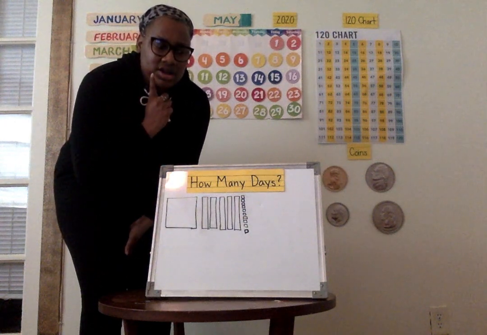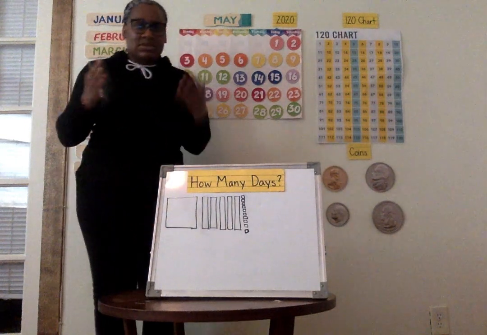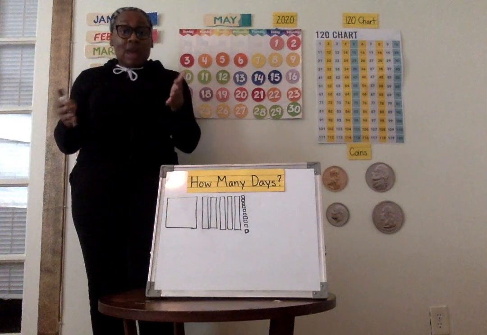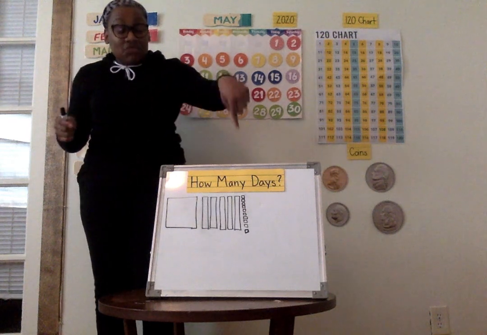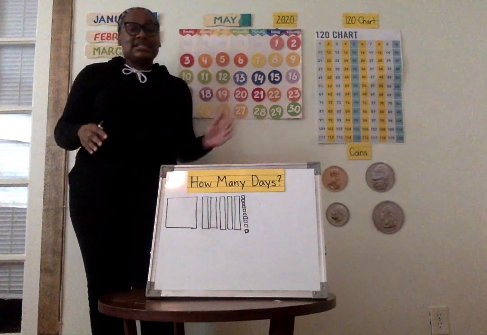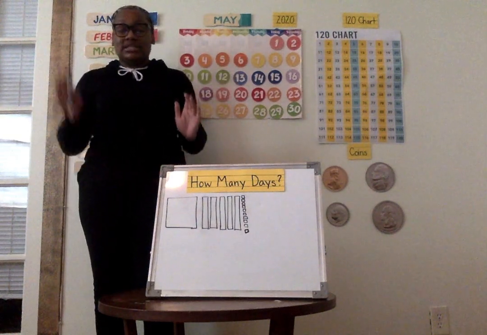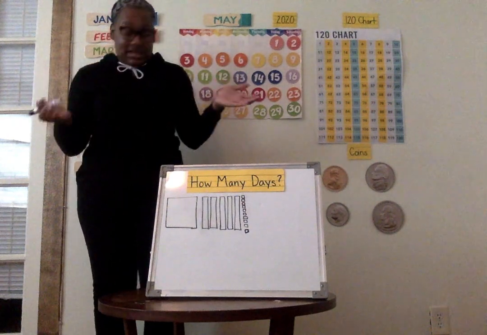Think really hard. Give me a thumbs up. That's right. 10 ones is the same as 110. So I can erase all these ones and make 110.